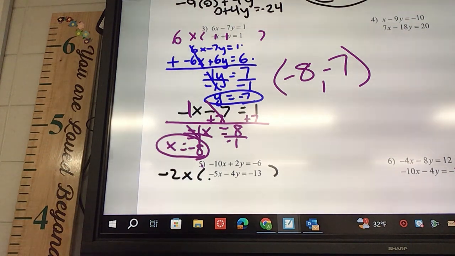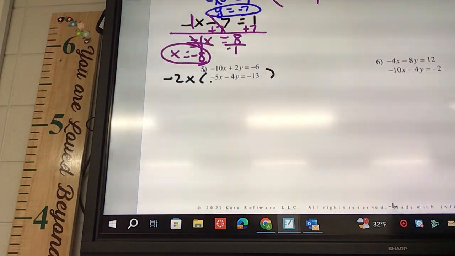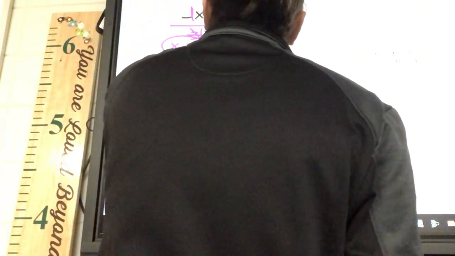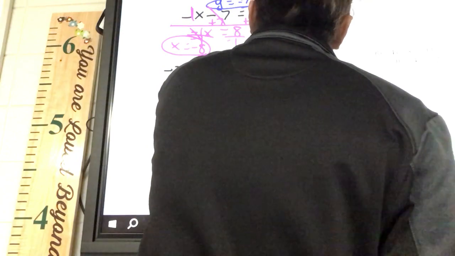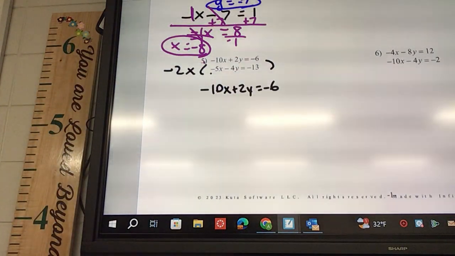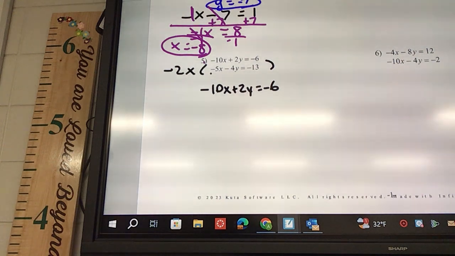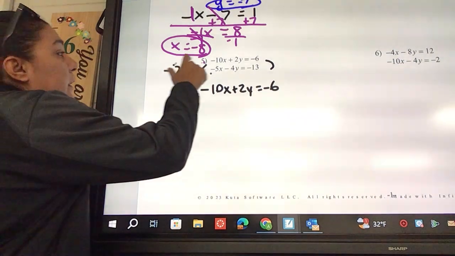Okay, the first equation, did we change anything? We did not. We got a negative 10x plus 2y equals negative 6. I just copied that one down. Equation 2, we're going to multiply everything by negative 2.